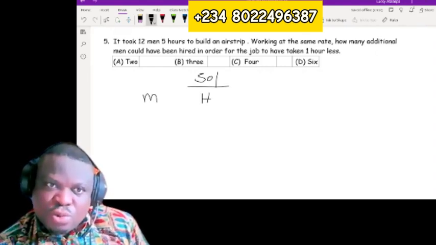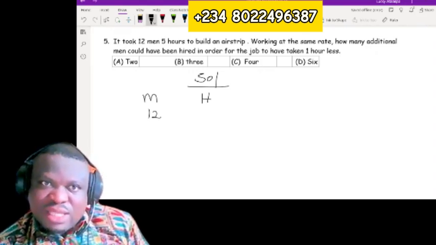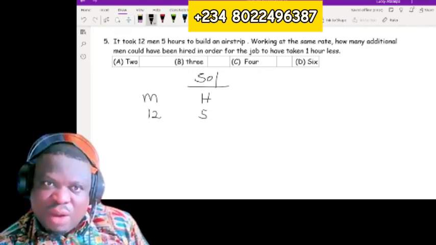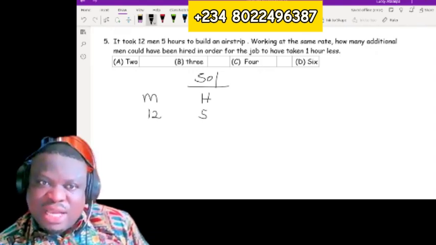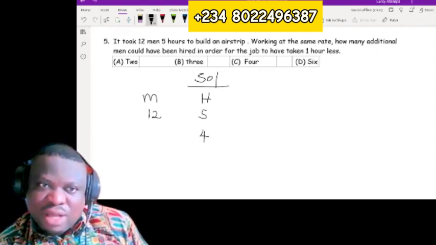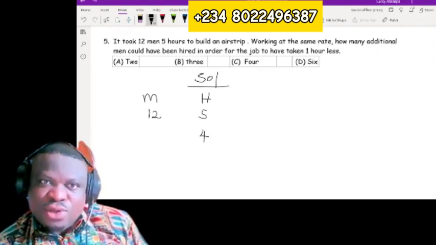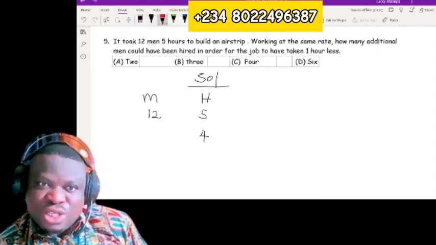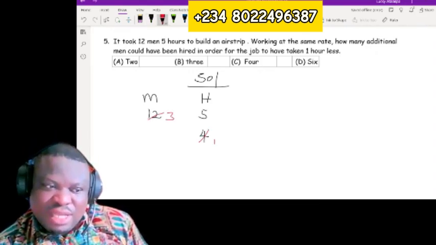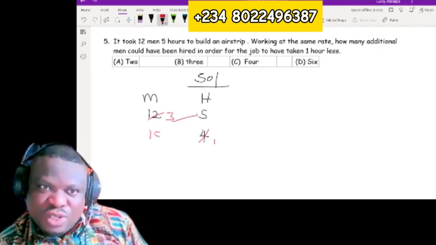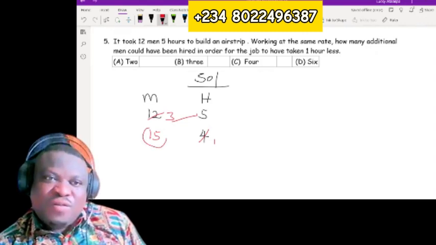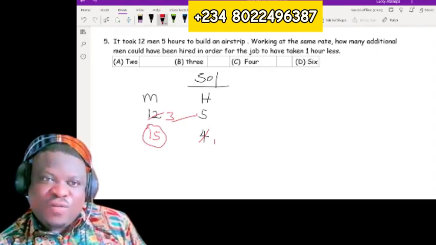We're told that 12 men performed that task for 5 hours. Now, if the job is going to take 1 hour less, that means we want it to take 4 hours. Is that clear? So the short trick to do this is just say 4 for 1, 4 for 3, right? Then 3 times 5 is 15. So write 15 here. So now 15 men will do it in 4 hours.